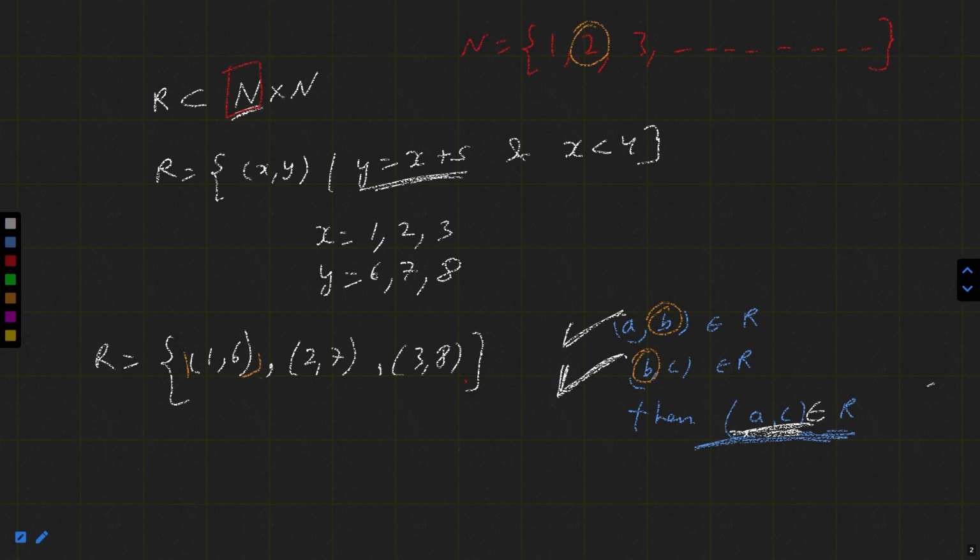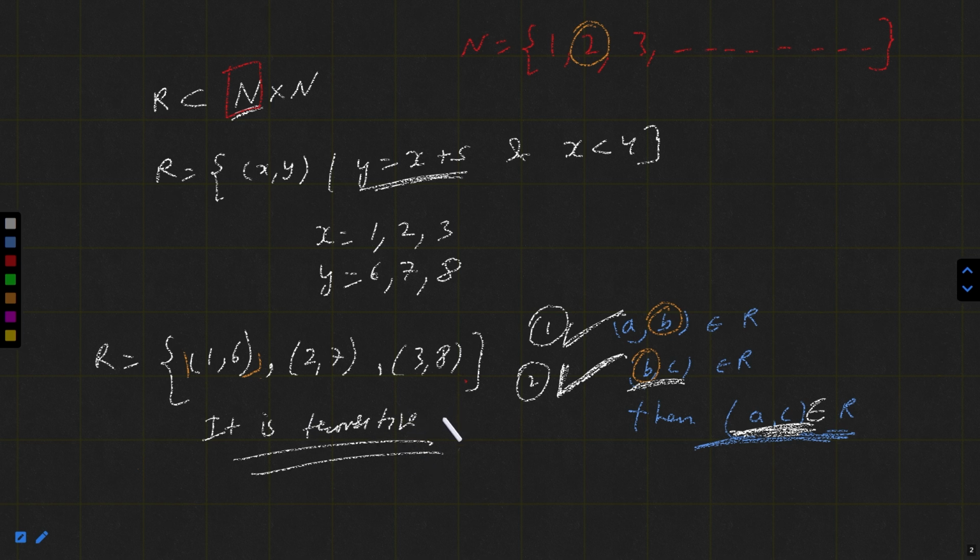We are not given that this is a pair, and we need to show that (a, c) belongs to R. In such cases, when one condition is satisfied and another is not given, we always say that it is transitive. So all please keep this point in mind that it is transitive.